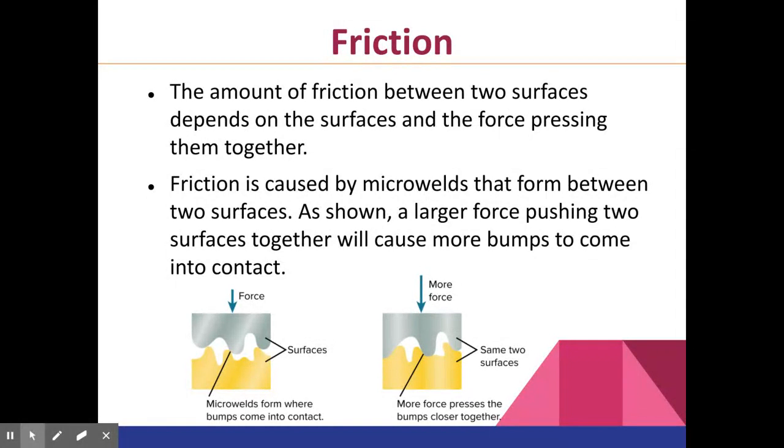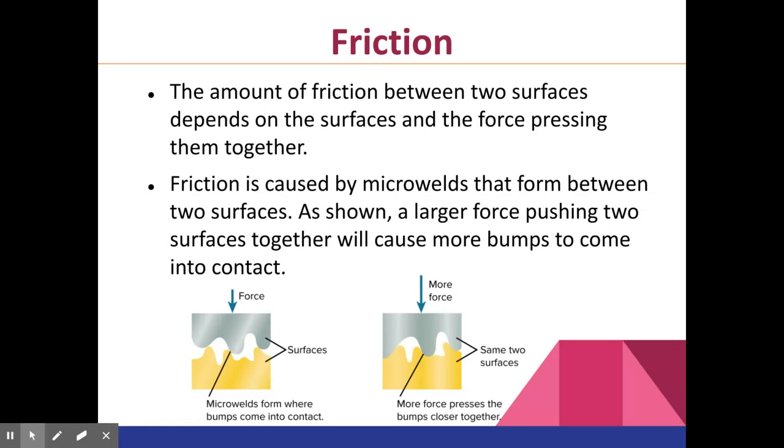An eraser has a lot of micro welds, and they're very big, because that's just rubber in general. Rubber and things like rubber have giant micro welds that just keep things from moving and sliding past one another. So friction is caused by micro welds that form between two surfaces.